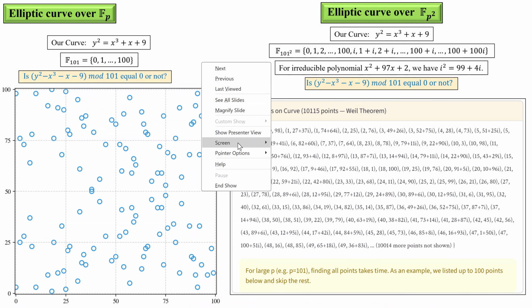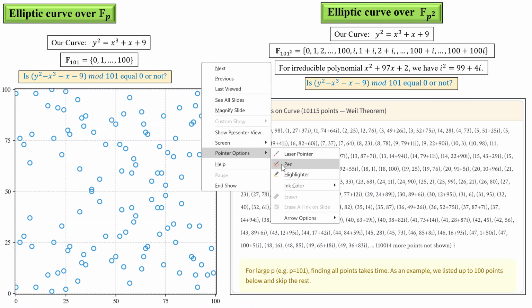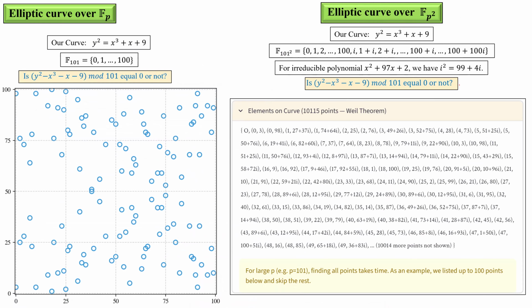We didn't list all of those accepted values that satisfy this formula, because the list is more than 10,000, but at least these are some examples of the elements that satisfy this formula, right?